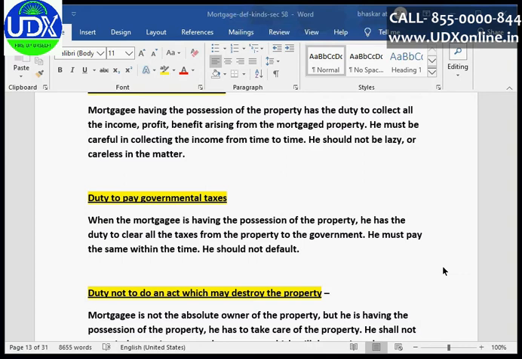And generally this duty should not be given to others who are not the owners.